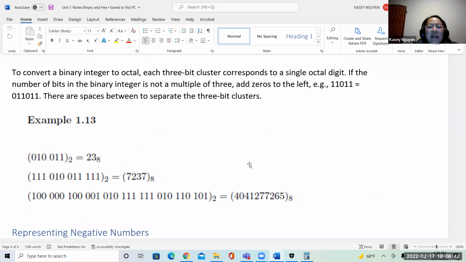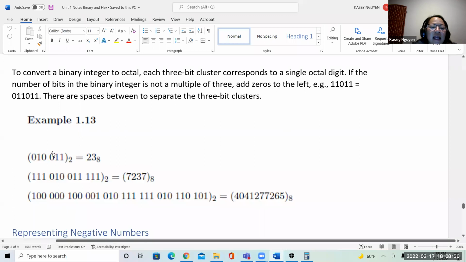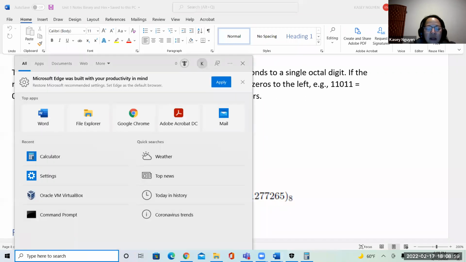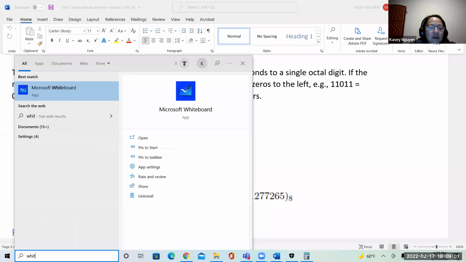Now, let's say that we are going from binary to octal. How would we be able to do that? As I mentioned at the beginning, we see that 3 of the right bits are going to represent 1 octal digit, right? So let me open up my whiteboard.